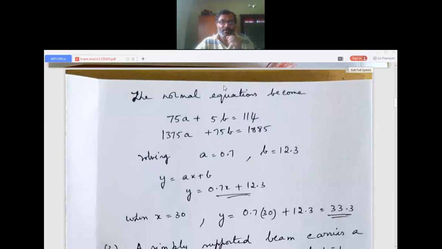Calculating this, you will get a equals 0.7 and b equals 12.3. Is it clear? Then y equals ax plus b can be written as y equals 0.7x plus 12.3.